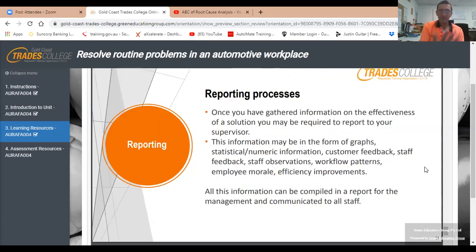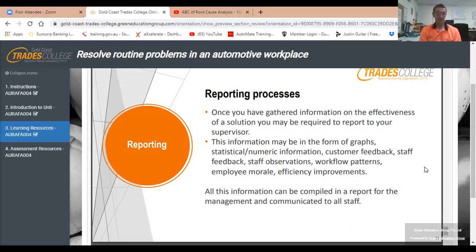So once we've gathered that information on the effectiveness of a solution, we may be required to report to your supervisor or business owner. This information may be in the form of graphs and statistical or numeric information, customer feedback, staff observations, workflow patterns, employee morale, efficiency improvements. All of these things could be something that you would put into a report.